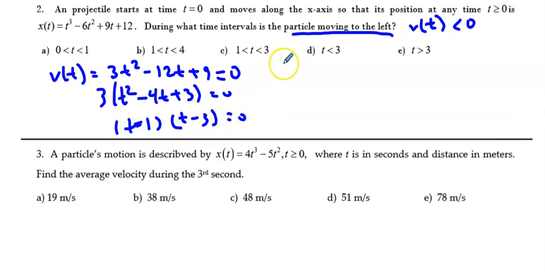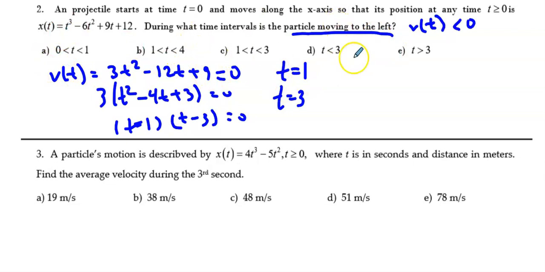So I know that at time equals 1 and at time equals 3, my velocity is 0. That means if this question said, at what time is the particle at rest, there's your answer. Find your velocity, set it equal to 0, and you're good to go.